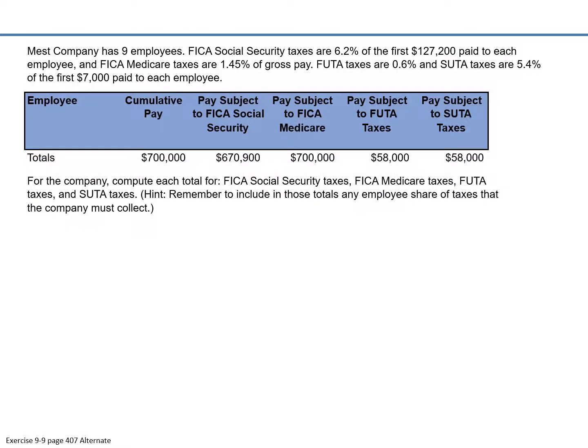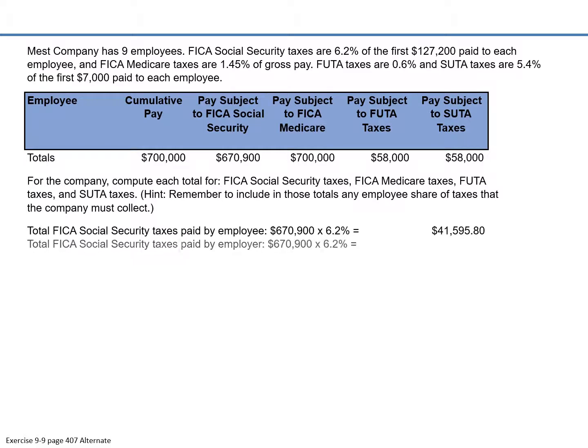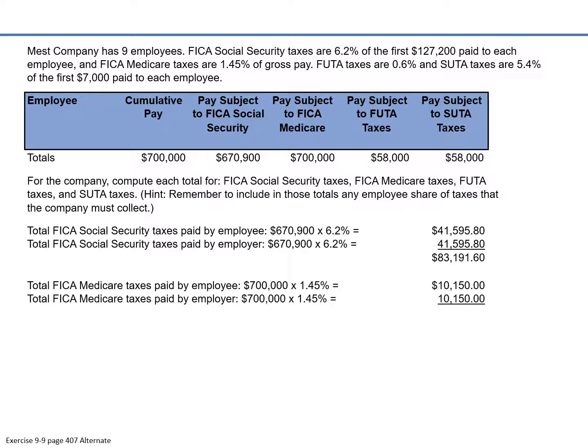All right, so compute the total for each of them using the tax rates, right? So you have FICA Social Security paid by the employee, $670,900 times 6.2. You have the same for the employer, right? Because you have an employee side and an employer side of Social Security. Same thing with Medicare, employee side and employer.